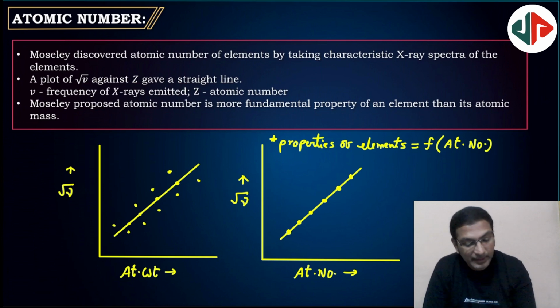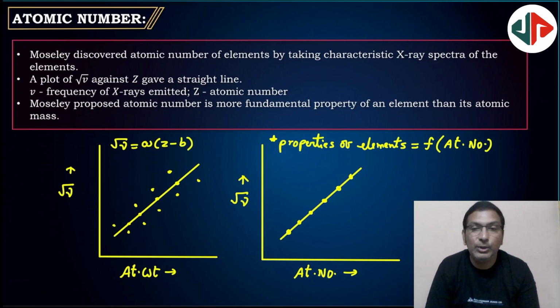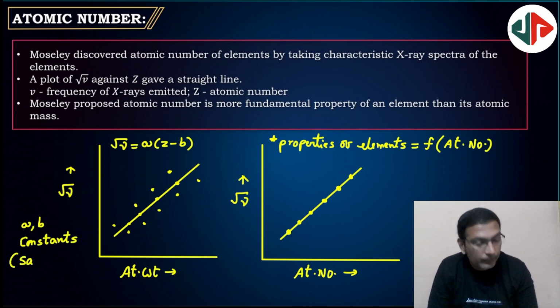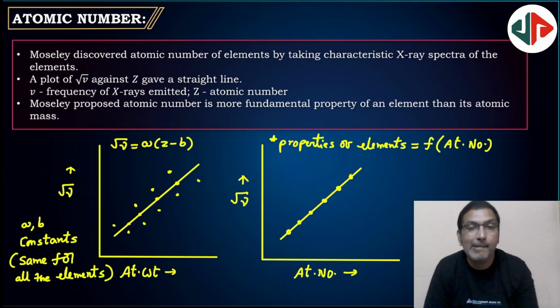And he has given one relation: root nu equal to A into Z minus B, where root nu is frequency of X-rays emitted by different elements, Z is atomic number, and A and B are constants which are same for all the elements. Very important. This is Moseley's relation, root nu equal to A into Z minus B.